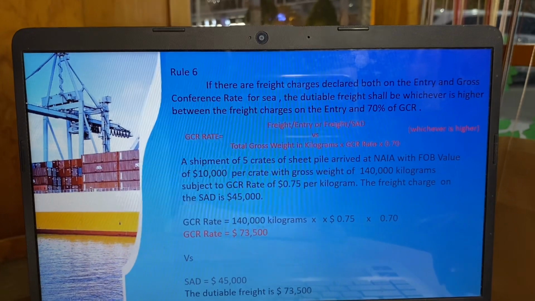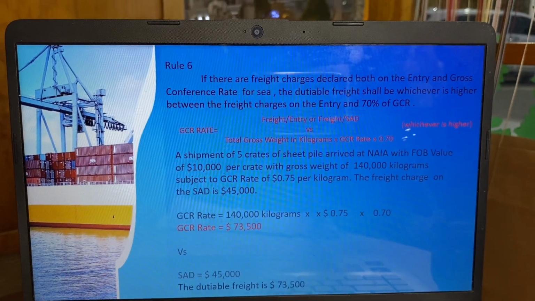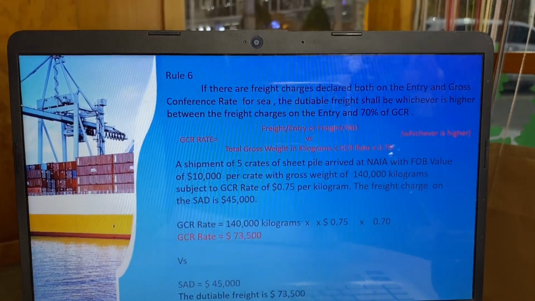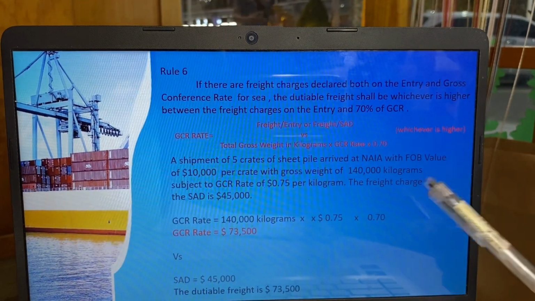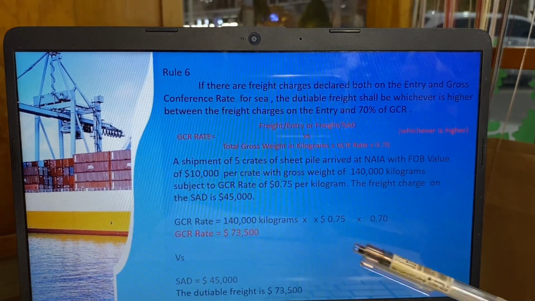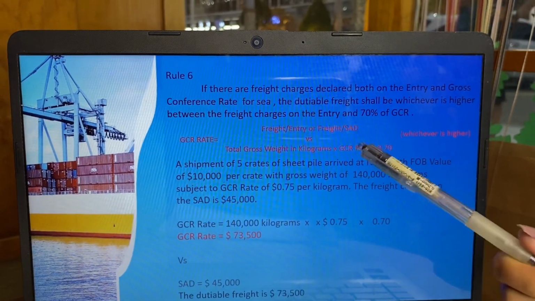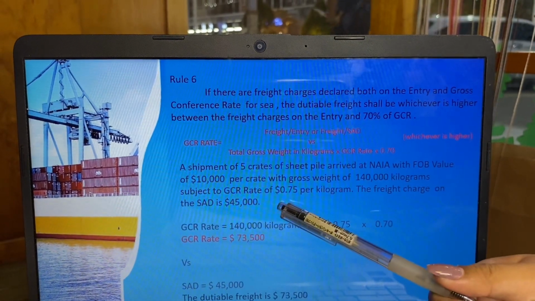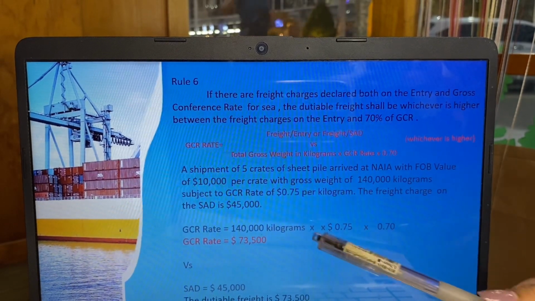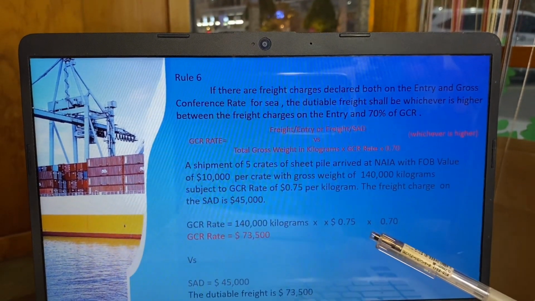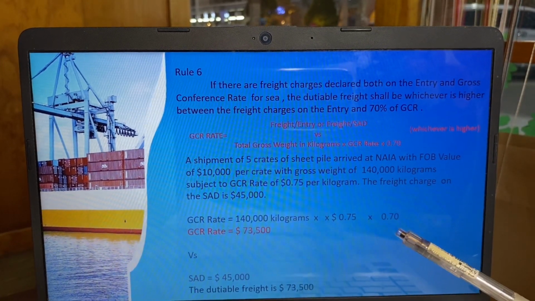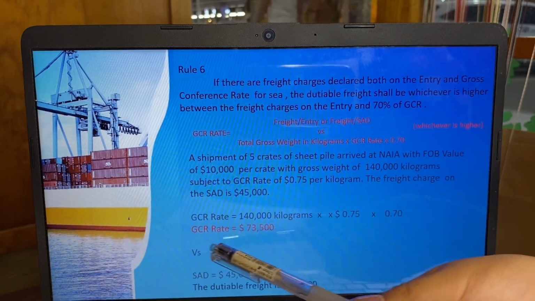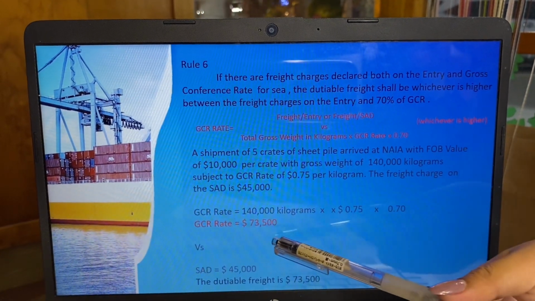So first, we're going to get the total gross weight in kilograms. So given naman na siya the 140,000 kilograms, and then we're going to multiply it with our GCR rate, which is the 0.75 US dollar, and then multiply with the 70%, that's 0.70. So ato ang GCR rate would be the 73,500.